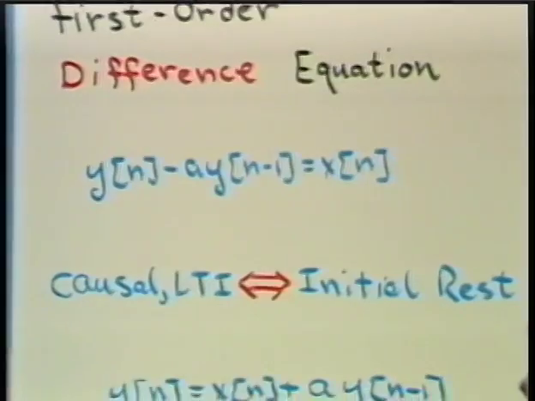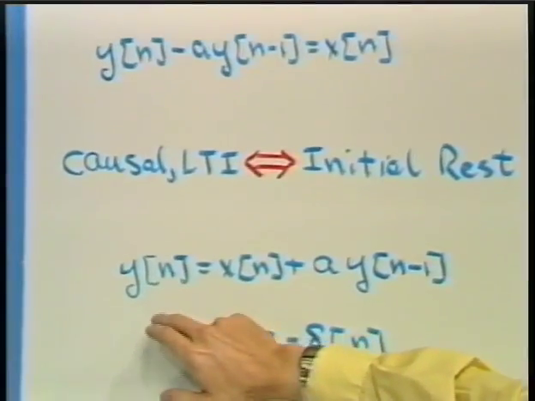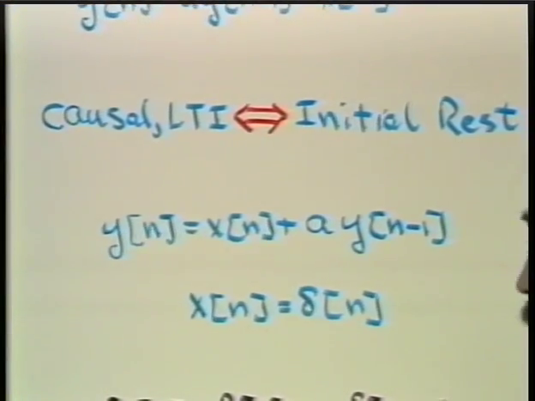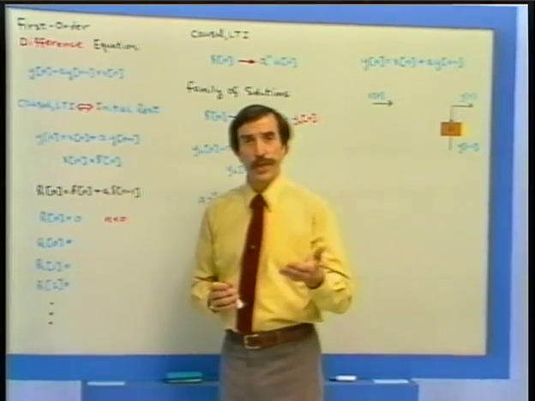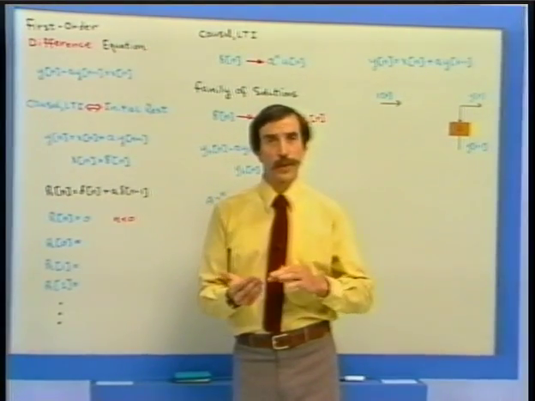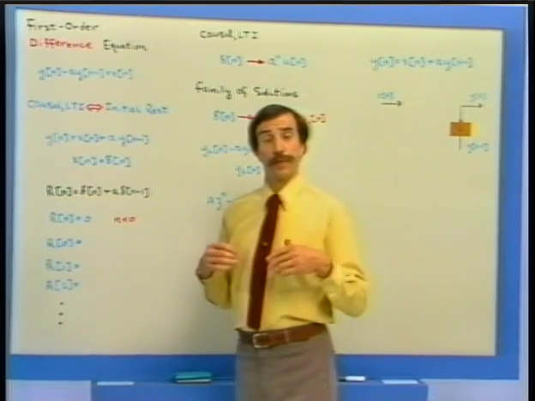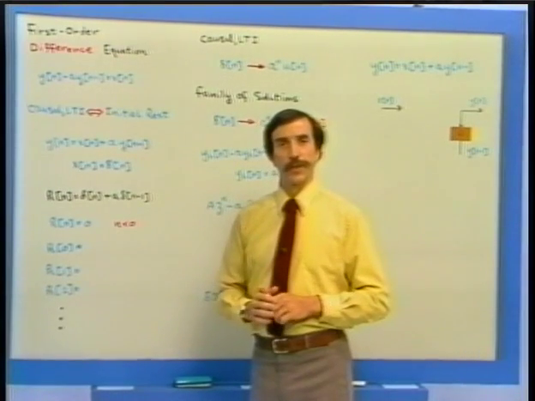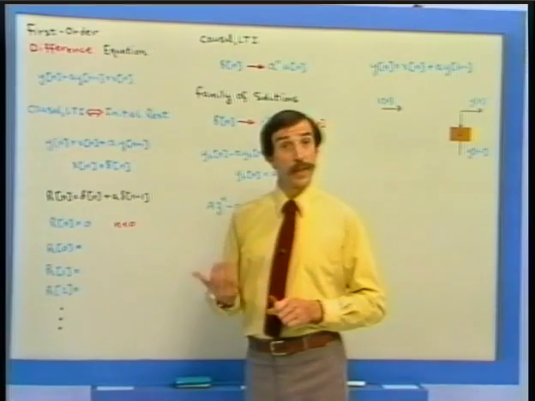We can rewrite the first order difference equation by taking the term involving y of n minus 1 over to the right-hand side of the equation. All right, now this gives us a recursive equation that expresses the output in terms of the input and past values of the output. And since we've imposed causality, and if we're talking about a linear time invariant system, we can now inquire as to what the impulse response is.